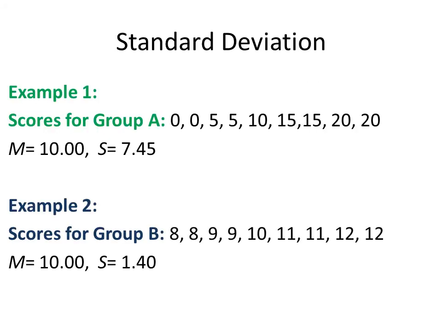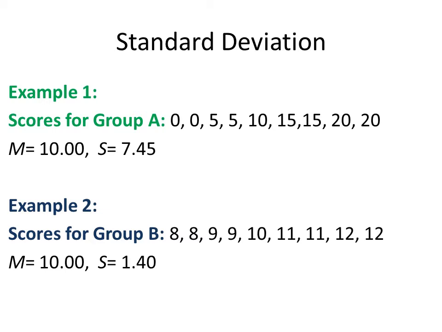Now, let's look at the scores for example 1 and the scores in example 2. Let's compare these two groups. Note that the capital italicized S is the symbol for the standard deviation, and the mean is the same for both groups. The mean for group A is 10.00 and the mean for group B is 10.00.